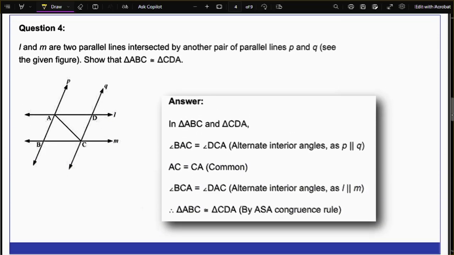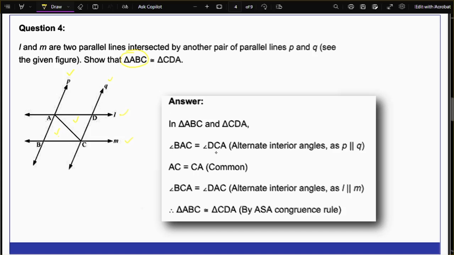Now question number 4. It says that L and N are two parallel lines intersected by another pair of parallel lines P and Q. Here we have to prove that triangle ABC is congruent to triangle CAD.